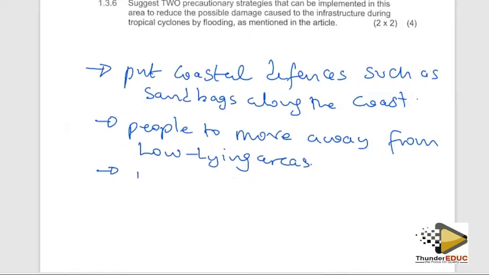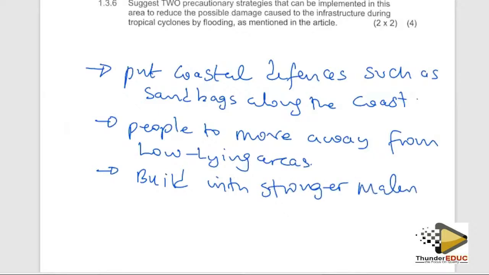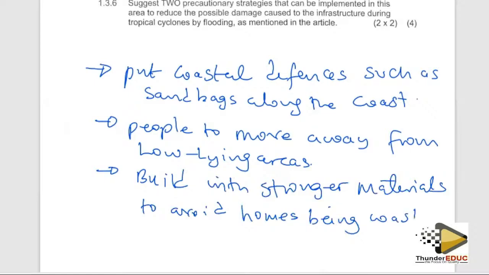As well, build with stronger materials to avoid homes being washed away.